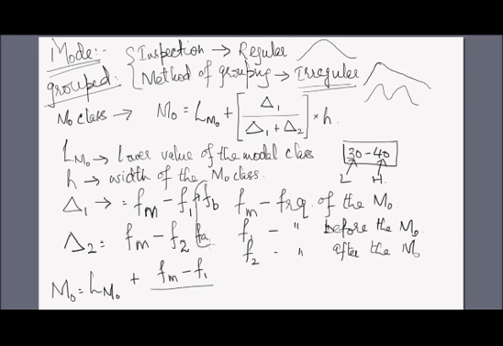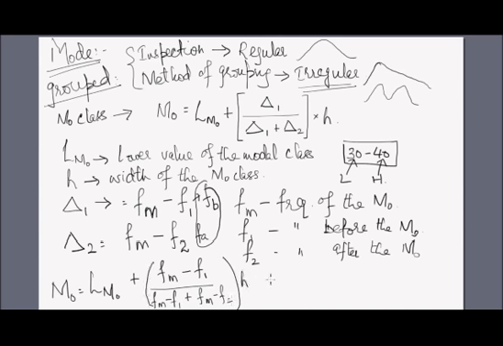I'm using 1 and 2 here, so it will be fm minus f1 divided by, delta 1 which is fm minus f1, plus delta 2 which is fm minus f2, and the whole thing multiplied by h.